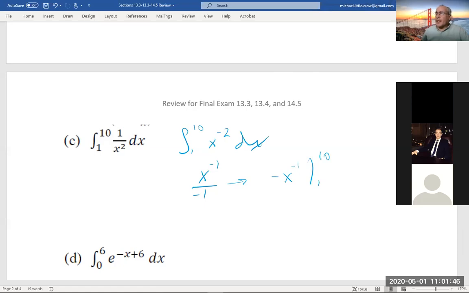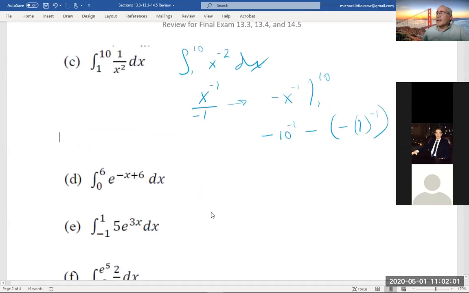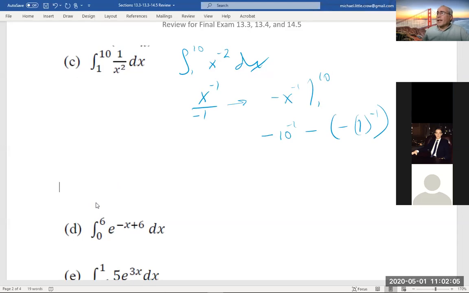So we plug in 10, so we get negative 10 to the minus 1 minus negative 1 to the minus 1. 10 to the minus 1 becomes a fraction, so they might leave it as a fraction as minus 1/10. 1 to the negative 1 is still 1.